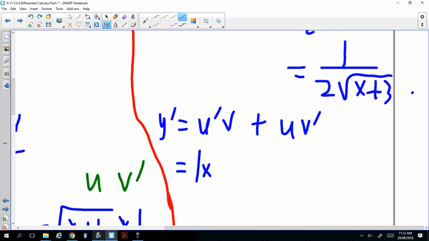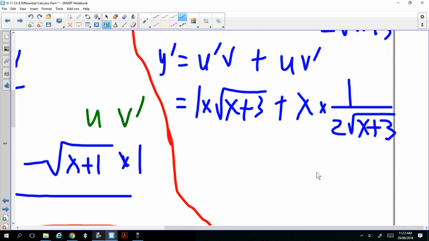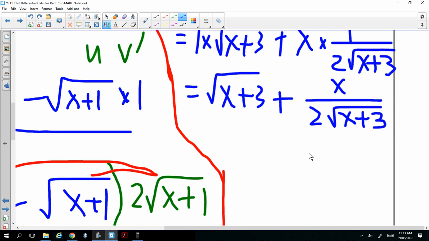V is this. U. Alright. So hopefully you get this now. X over this. Quotient, product rule. Yeah, product rule. Got it? And what do you do next? Wait, so I don't know what's happening, because you started talking. Okay.